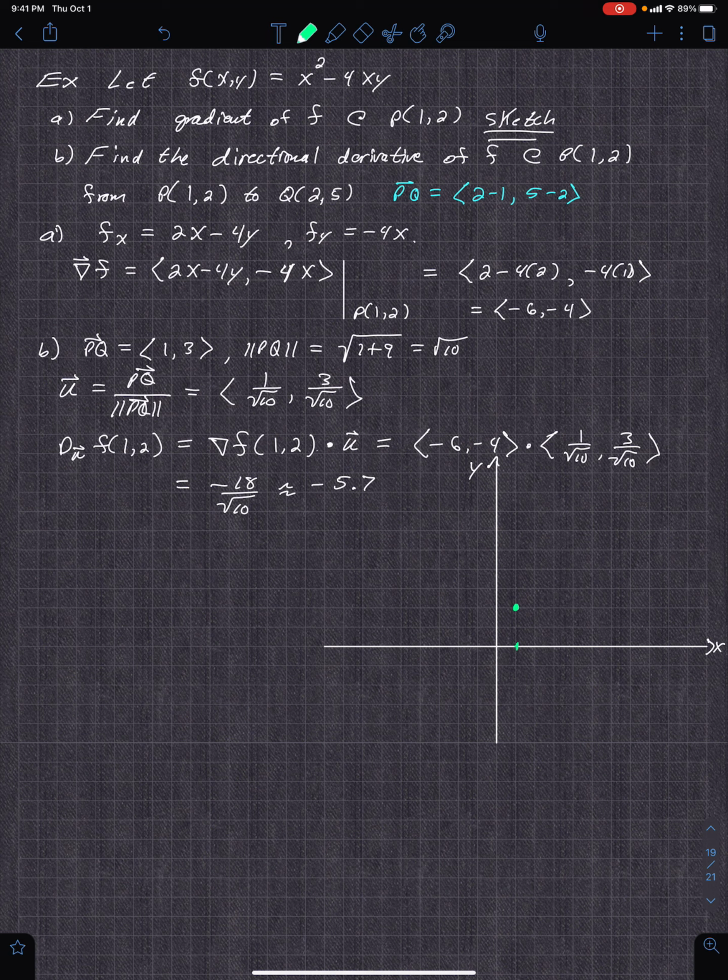You're at the point (1, 2), and then we want to do your PQ. So that's P, and your Q is up there. So actually graph PQ. It's 1, and then 1, 2, 3. So it's up here. Okay, so there's your PQ. I'll label it P and then Q. So that's your vector PQ.